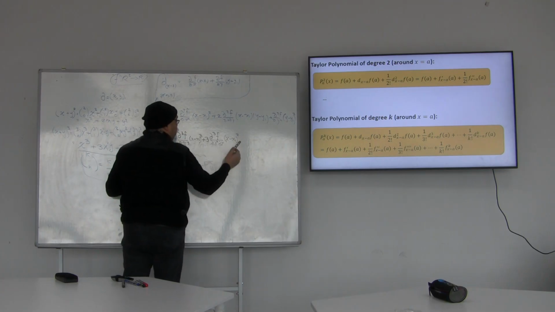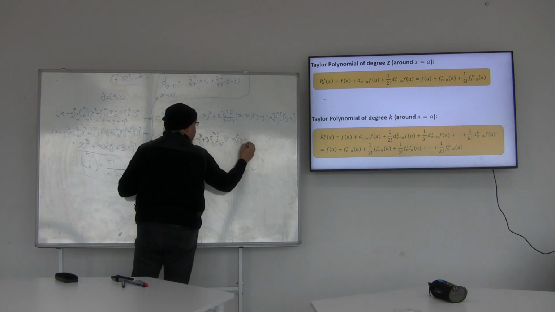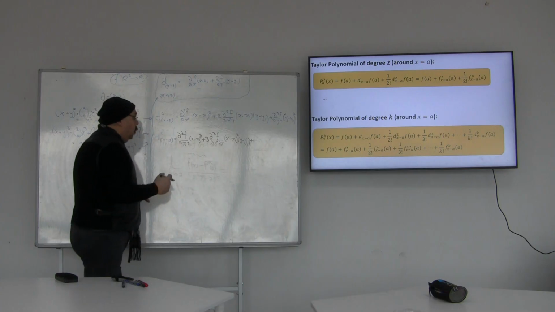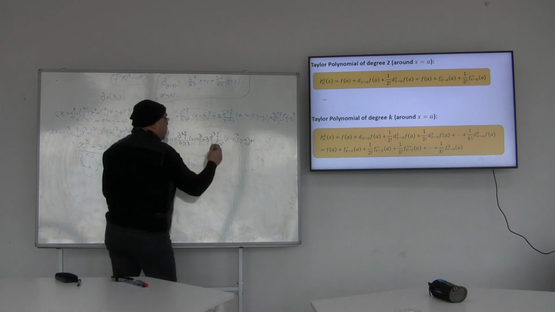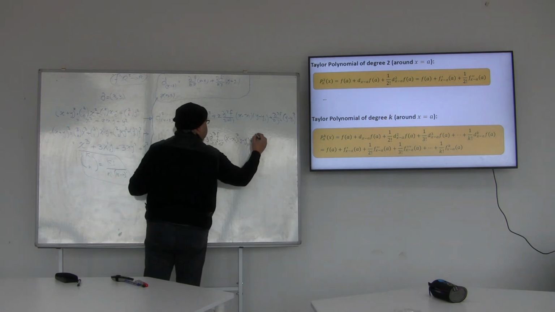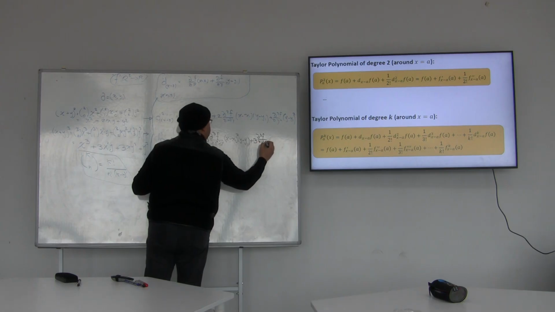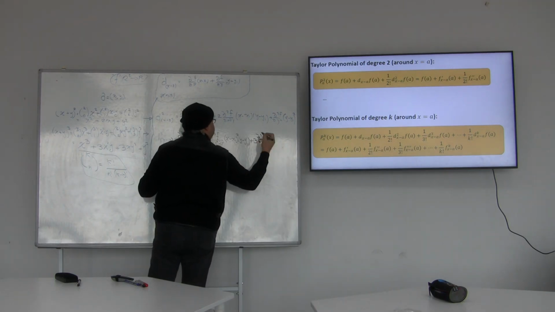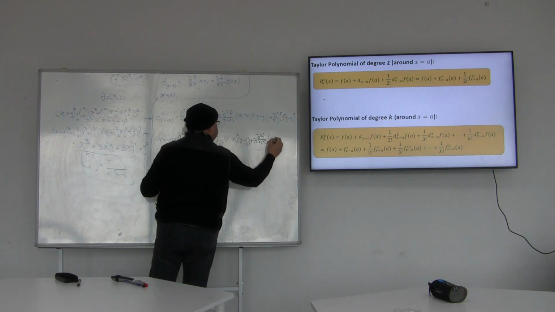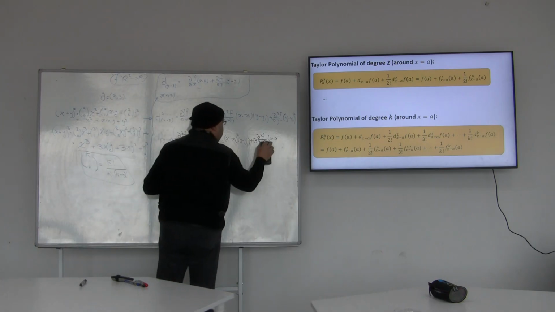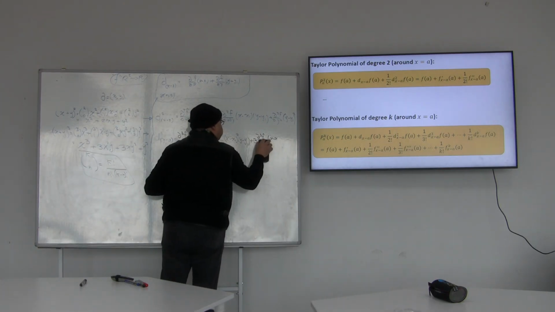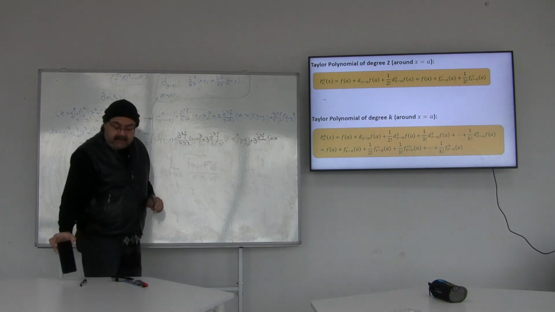See how the powers are related, times (y minus y1). Then I will go for the third term, which is going to be 3, partial 3 of f, partial y squared, partial x. Let me rewrite this, because I want to keep the same letters to make it easier for you.